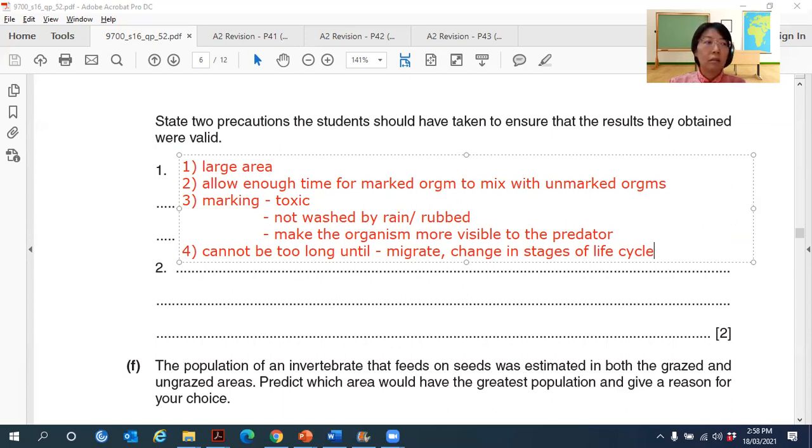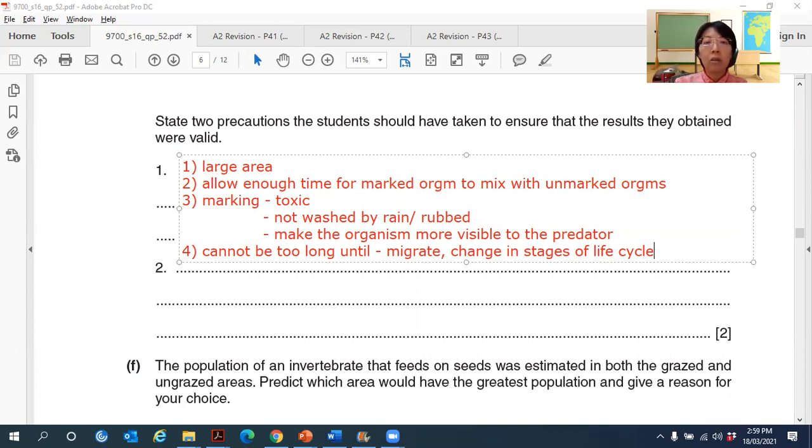So you know tadpoles, right? They've got a certain time where they will actually metamorphose into frogs. So after you mark them, you put them back to the water. After 3 weeks, you go back, they're no longer there, right? All the marked tadpoles have become frogs, and then none of them are marked already. All right, so that's the meaning of change in stages of life cycle.